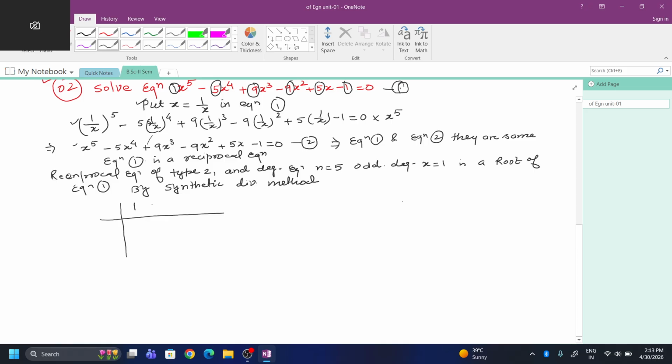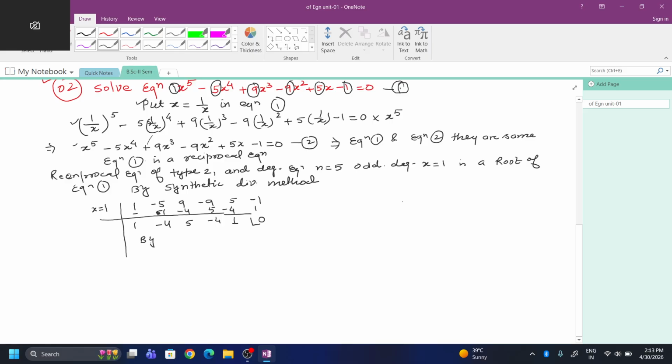1, minus 5, 9, minus 9, 5, minus 1, and we divide by x equal to 1. That is, x minus 1 is a factor of this equation. 1, then it is your 1, we get minus 4, minus 4, we get 5, then 5, then we get minus 4, then you get 1, 1 minus 1 is equal to 0.